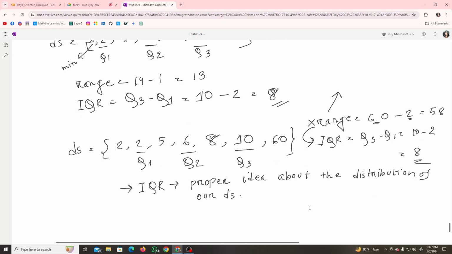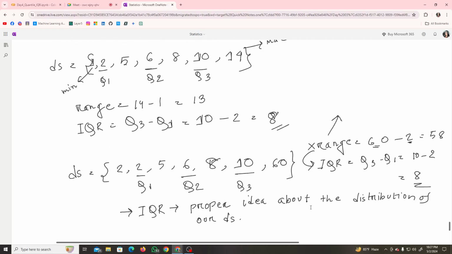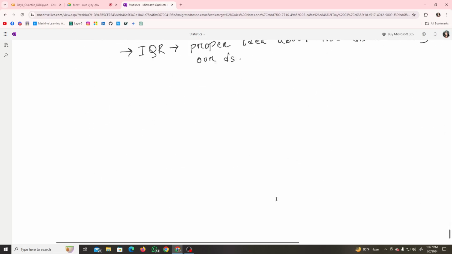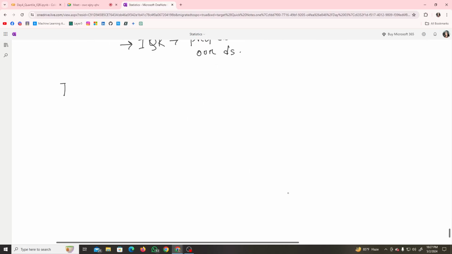And by IQR or interquartile range, you can also find the outlier. Now let's move to that. So how can we find the outlier using IQR? And in this part, we will also talk about the box plot and whisker plot.